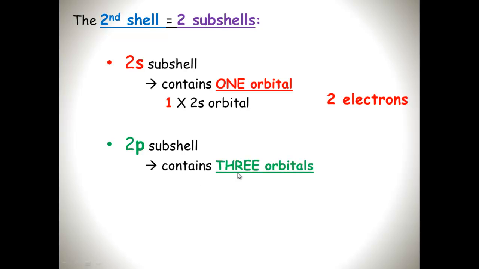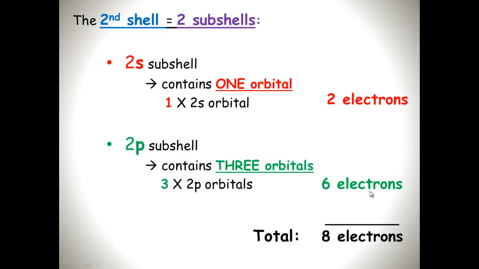This contains 3 orbitals. Each orbital can hold a maximum of 2 electrons, so it's 3 times 2 in the 2p orbitals. We have 6 electrons. So now we have a total of 8 electrons in the second shell. This again fits in with our maximum 2n², which equals 8.